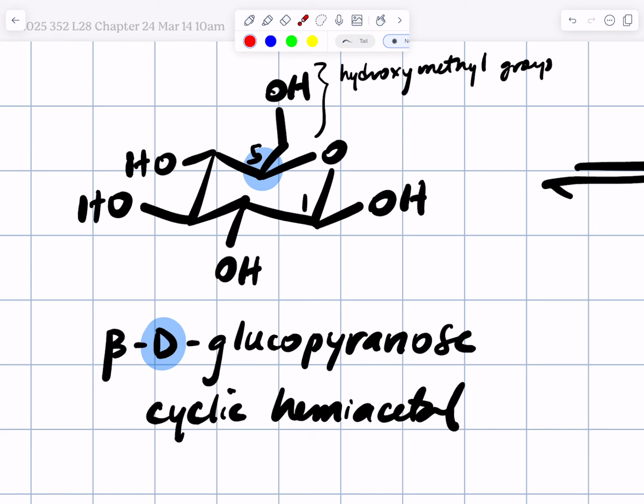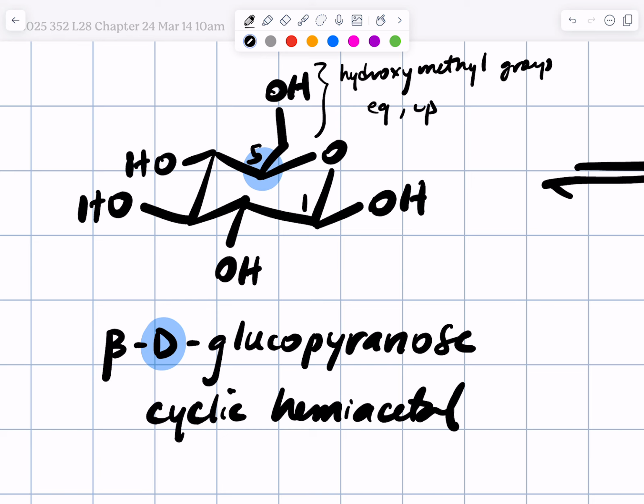Yeah, go ahead. So is it up and axial or up and equatorial? So the hydroxymethyl group here would be equatorial and up. Yep. Okay, so D sugars have, when drawn this way, up configuration at that C5 stereocenter.